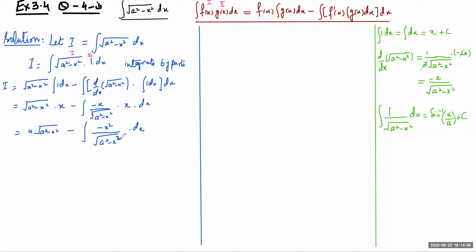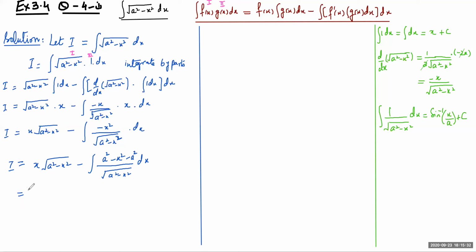Now I'm going to write it like this, and in all these steps I must keep writing my I here because I'll be needing it shortly. x into square root of a square minus x square minus integral of x square divided by square root of a square minus x square dx. And what I'm doing here is adding an a square and subtracting an a square in this numerator.